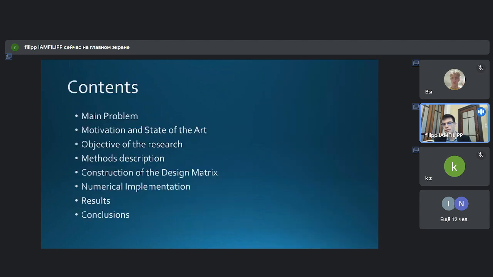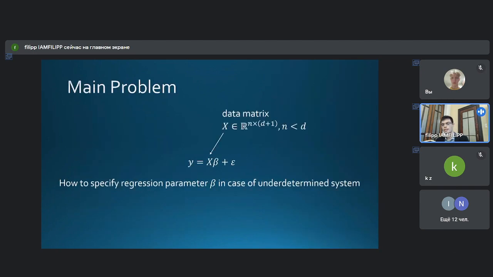Our main problem for today is this least squares problem, where we have a data matrix X with dimensions n by d plus 1. Now, in this problem, d plus 1 is much larger than n, and that means that X is a high-dimensional matrix.